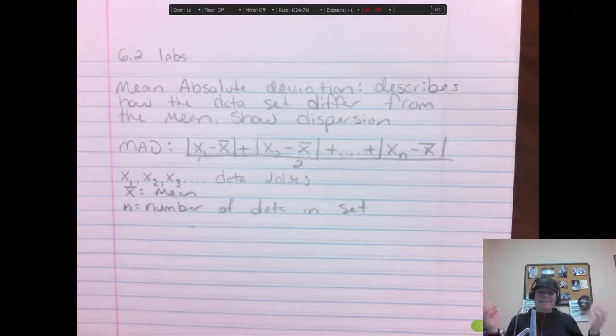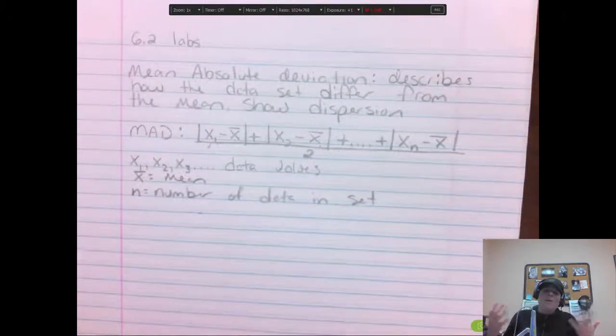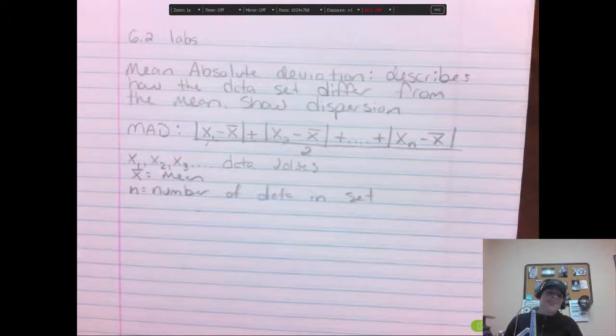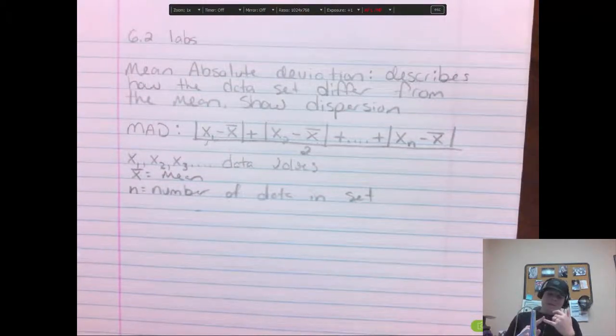We're looking at that distance, which is absolute value. And so we're going to see how far away they are by adding up all these different distances from the mean and averaging it. And that's why it's called the mean absolute deviation. We're finding the mean of how far away we are from the mean on every single number, and the deviation is just how far away.